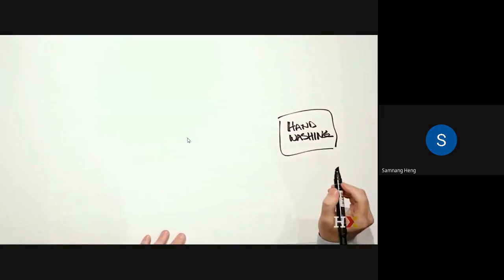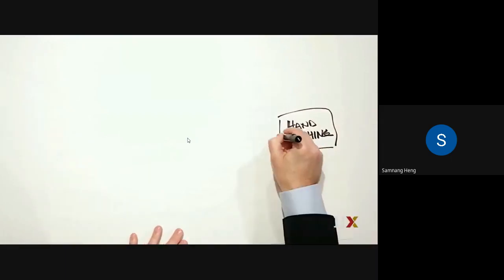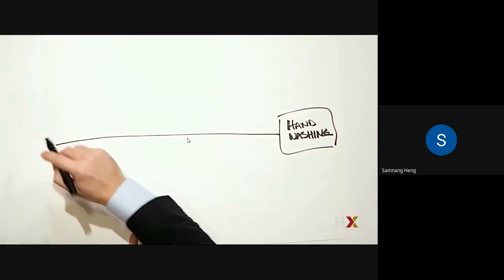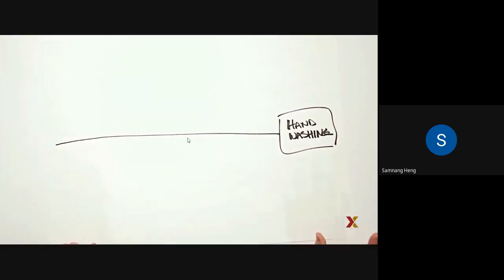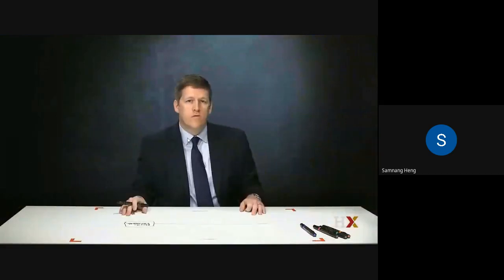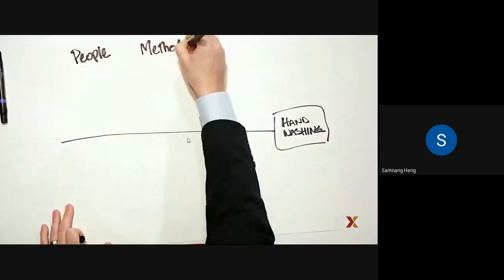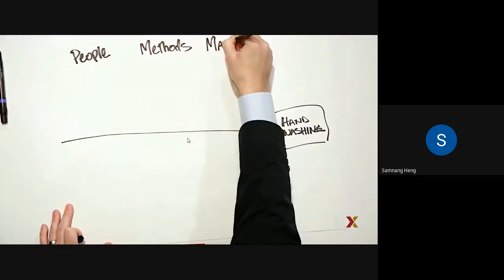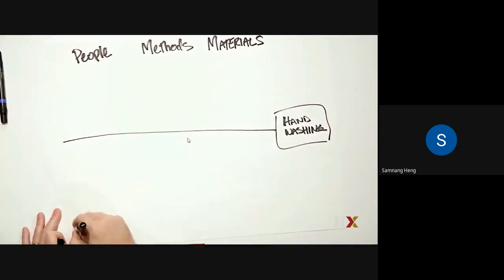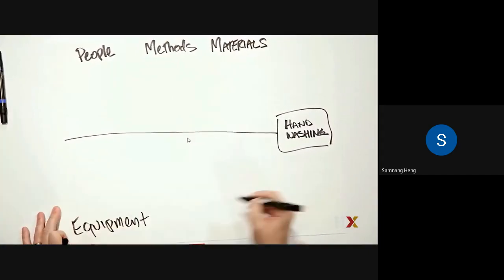All right, then draw a horizontal line across the page. Decide on a few categories or causes for the problem. Useful categories of causes in the classic fishbone diagram include people, methods, materials, equipment, and environment.